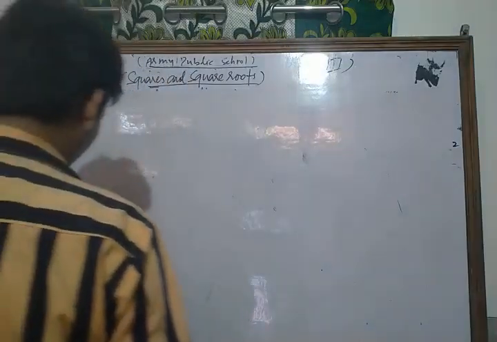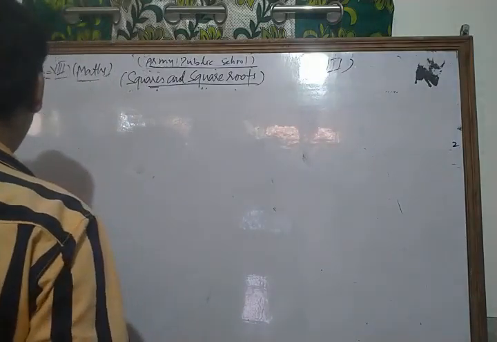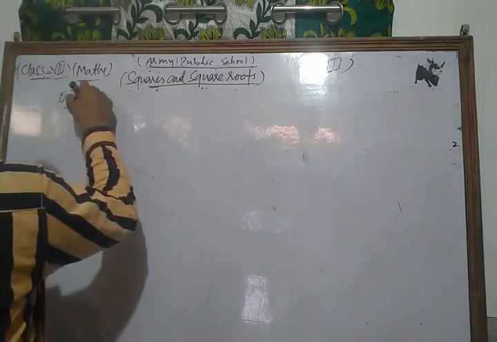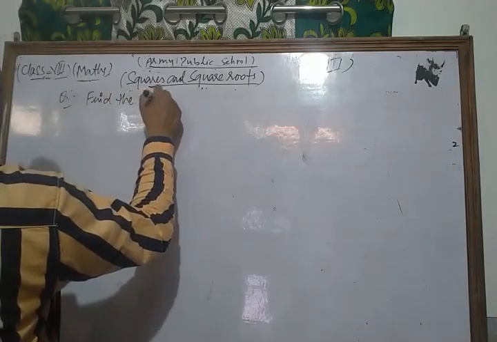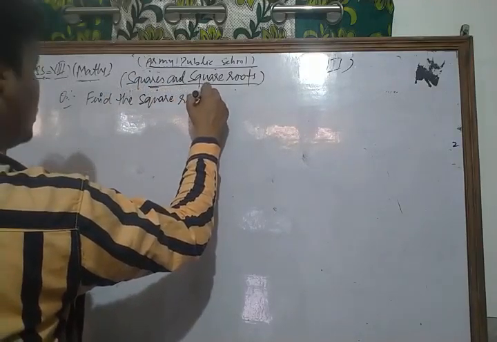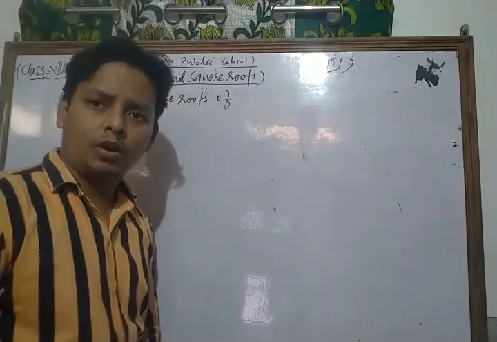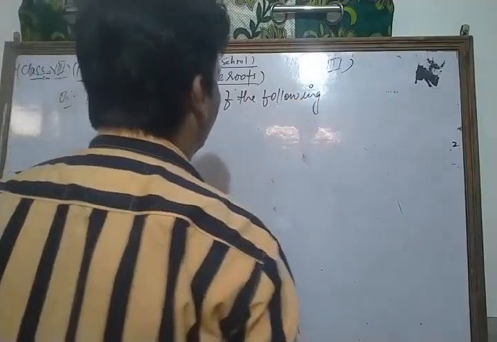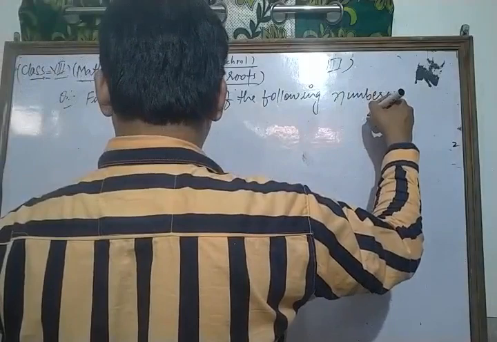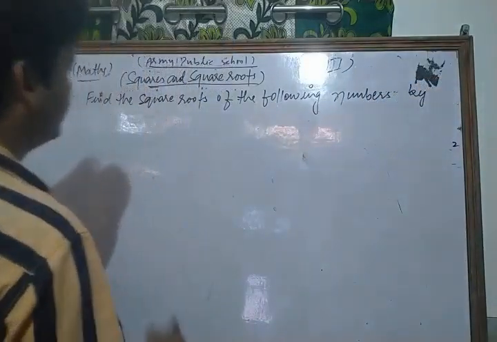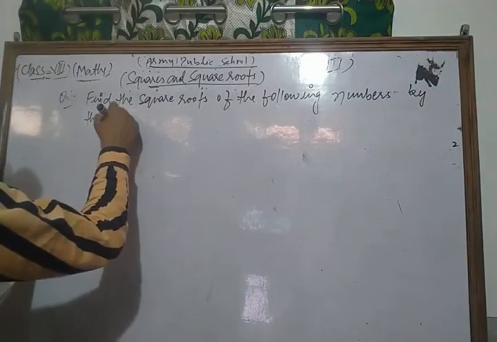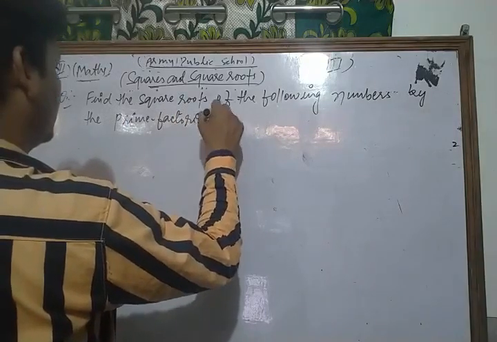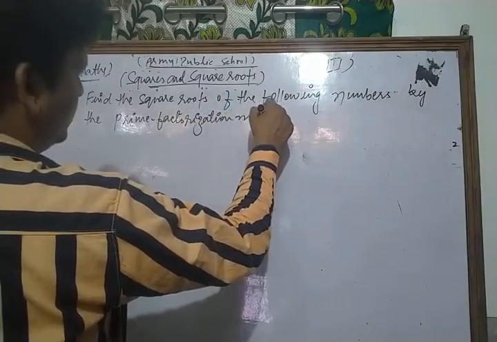Now we take some important questions from your NCERT exercise, and the question is: find the square roots of the following numbers by the prime factorization method.